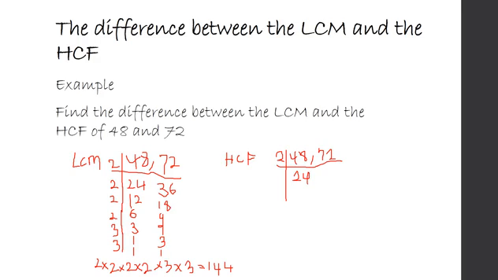You have 2 in 72, you have 36. 2 can still go, so 2 in 24, you have 12. 2 in 36, you have 18. 2 can still go again. Once it cannot go through the two of them, you stop there. 2 in 12, I have 6. 2 in 18, I have 9.